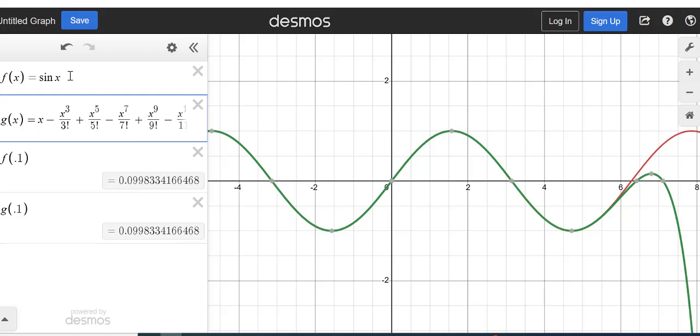Now, why can that be helpful to us? Its derivative is easier with a power series. What kind of derivative are you doing when it's a power of x? You're doing the power rule. What kind of antiderivative would you be doing on that power series? Power rule.